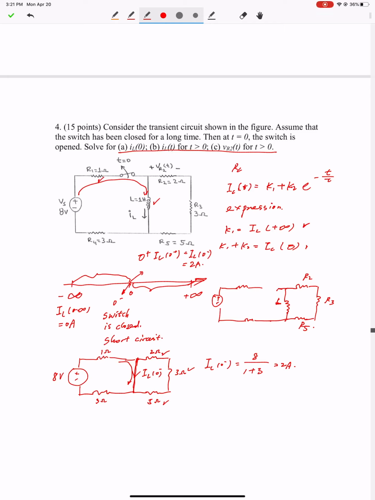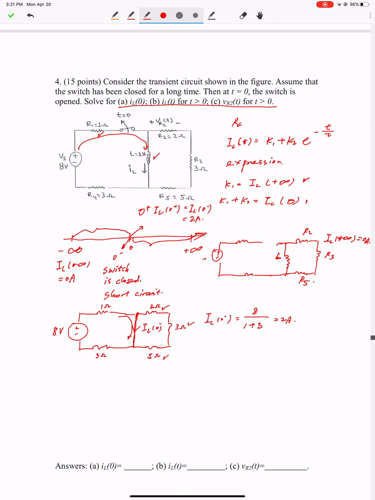So the current for the inductor is going to be 0, right? Because there's no external power connected with the inductor.